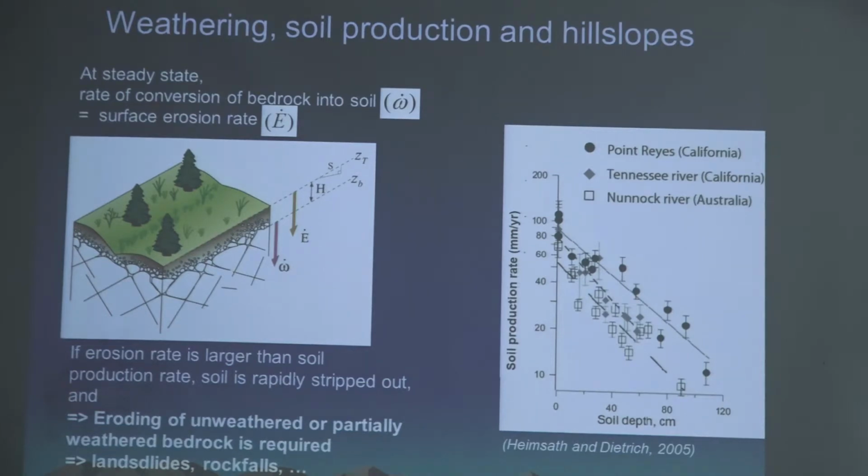So you can have diffusional processes as long as you are able to produce soil quickly enough. If the erosion is faster than the soil conversion, then you need to begin to export fresh bedrock, so it can be broken material or large blocks of material.